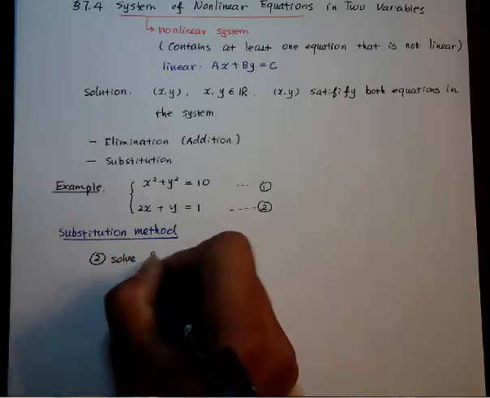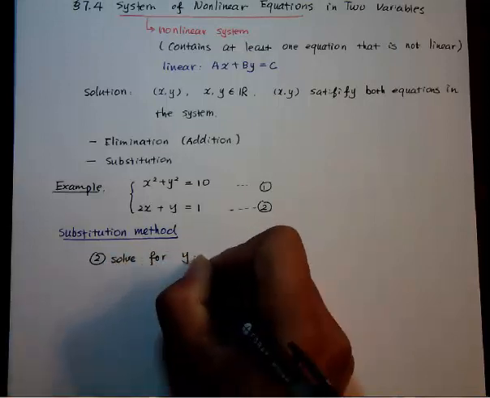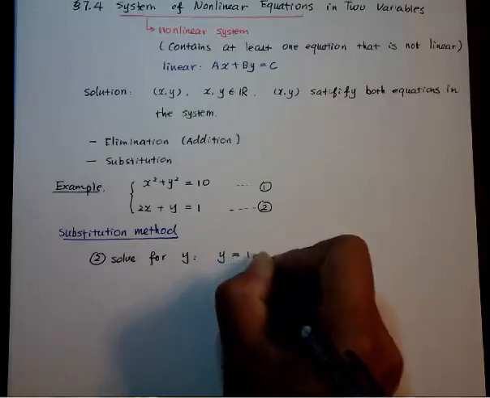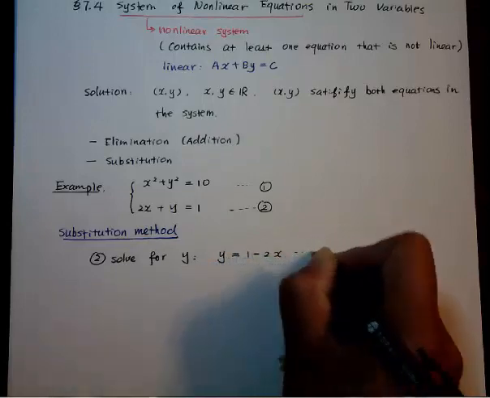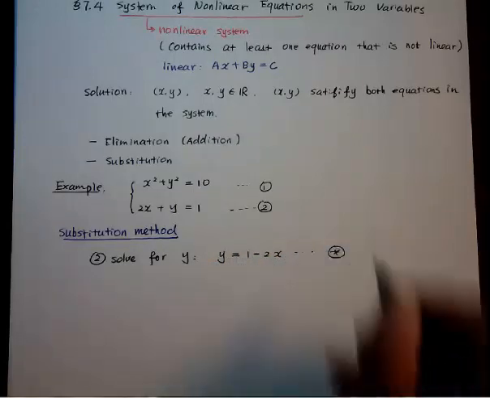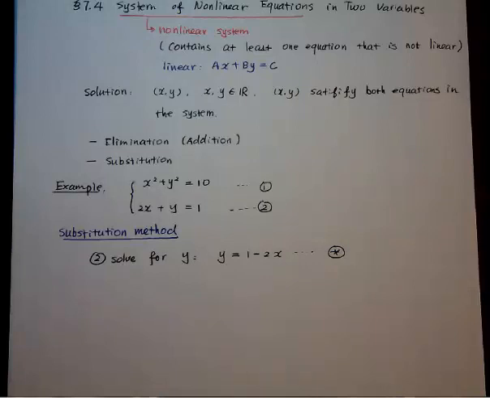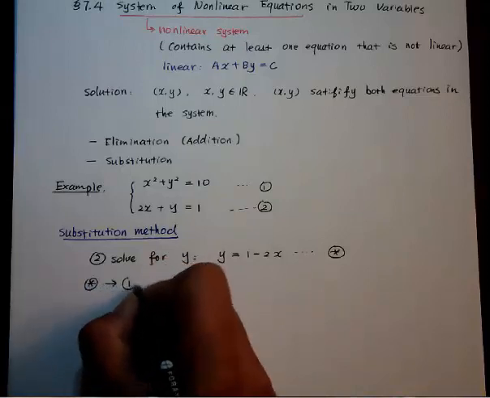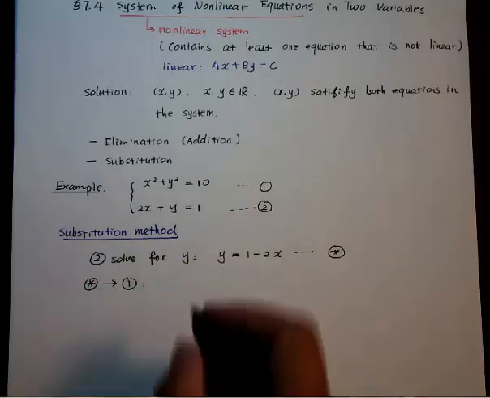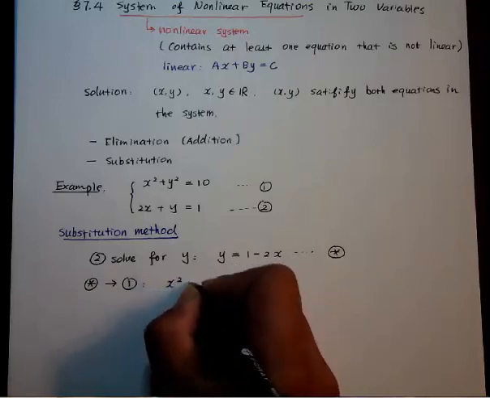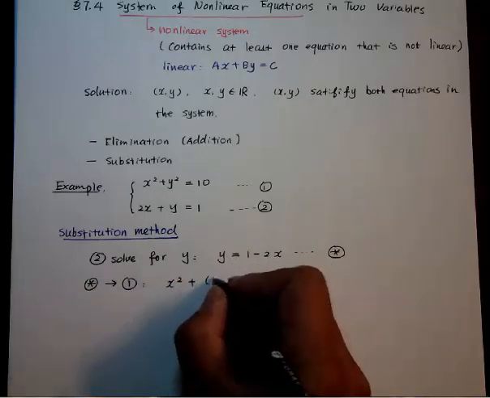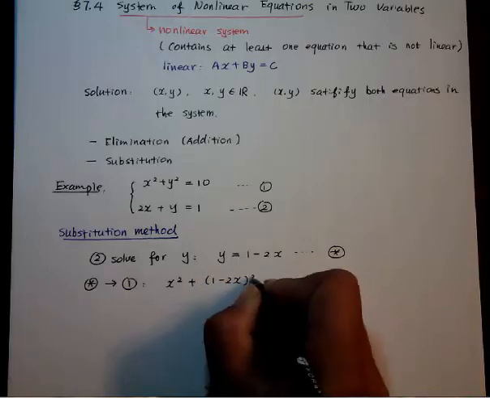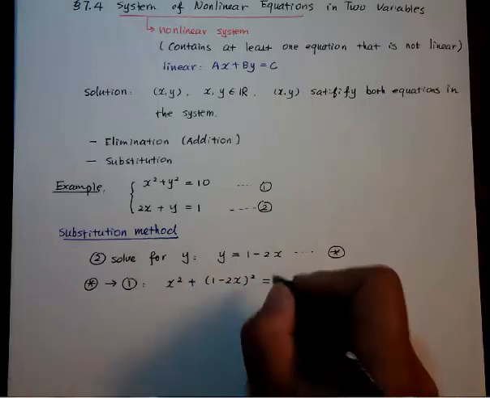So for y, we get y equals 1 minus 2x. We call this equation star. Equation star is coming from equation 2, so I need to substitute equation star back into equation 1. x squared plus y, I can use (1 minus 2x) squared, equals 10.